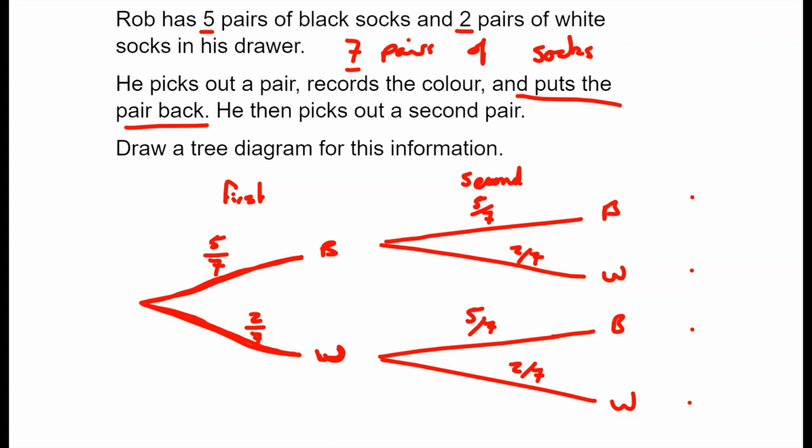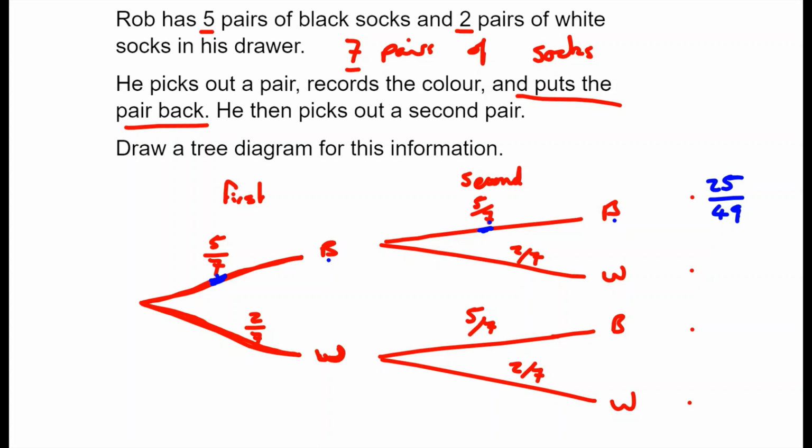So if we're looking at a black followed by a black, we multiply the probabilities on those branches: 5/7 times 5/7, which is 25 out of 49. Remember, when we multiply fractions, we do top times top, bottom times bottom. So 5 times 5 gives us 25, and 7 times 7 gives us 49.